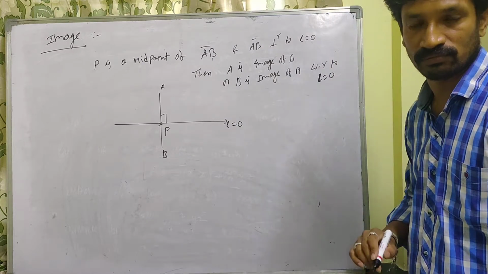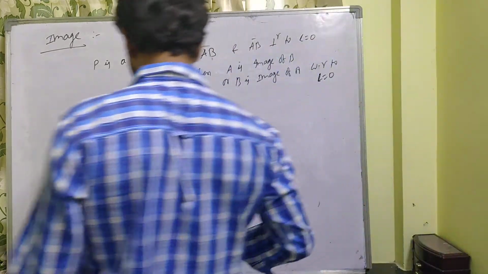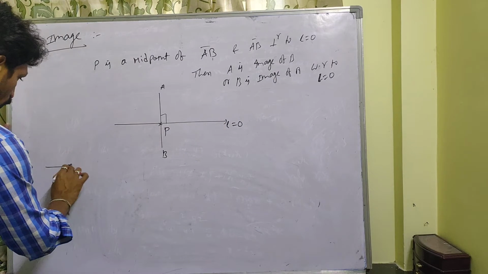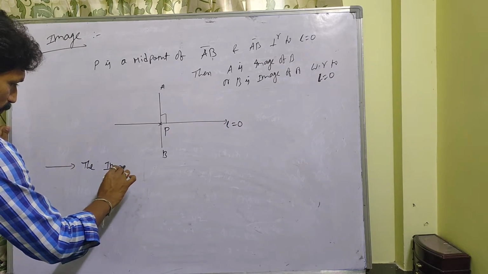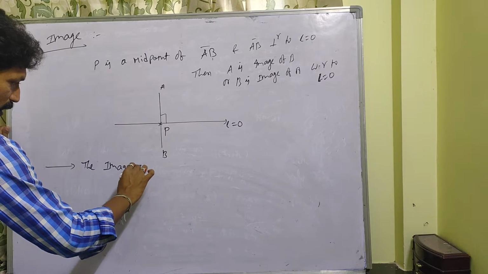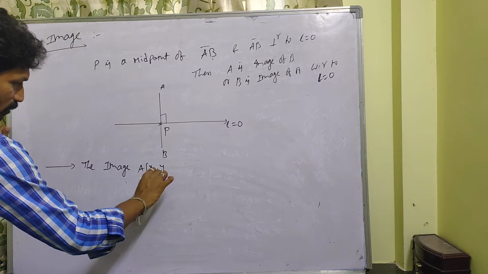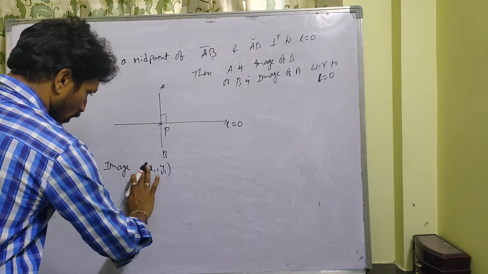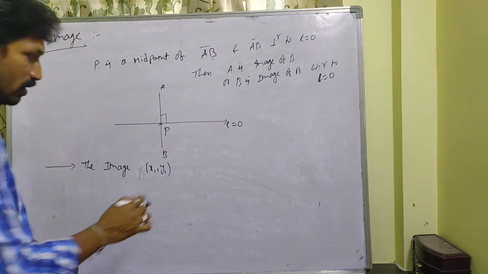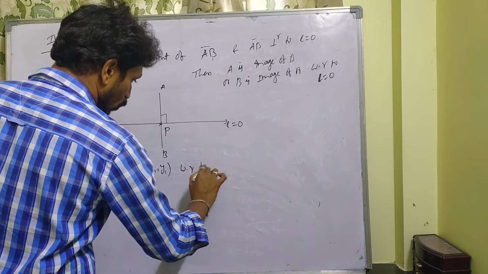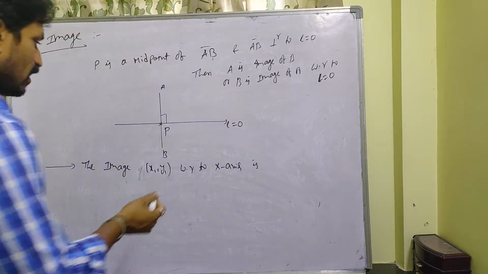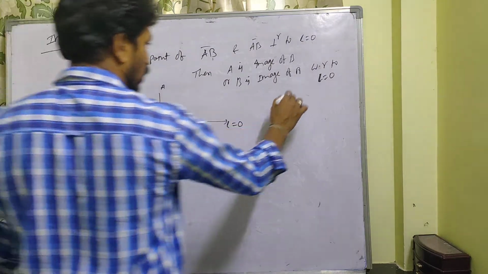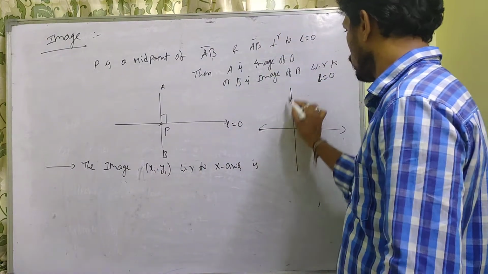Just remember. See here, from this onwards we can say the image of (x1, y1) with respect to the x-axis is, see here, let us take any point on the coordinate axes, you understand.